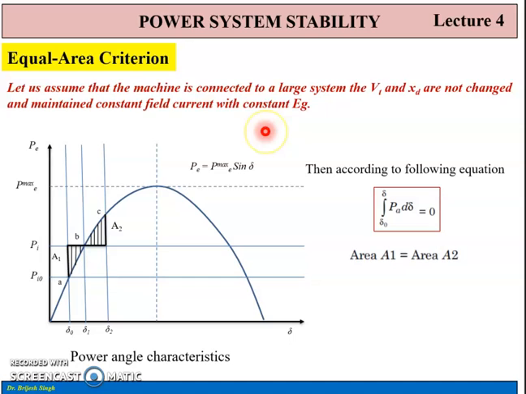Here you should remember one thing. We have to assume that the machine is connected to a large system. So the voltage V and the synchronous reactance XG of the machine do not change because of the change in Pi, and it is maintained with constant current and constant Eg.